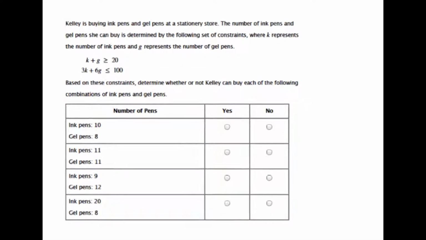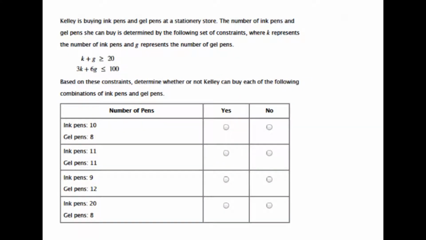Alright. When I did this one, it says based on these constraints, determine whether or not she can buy each of the following. I just plugged them in. K represents ink pens and G represents gel. So when I buy these 10, this very first one, it's saying that 10 plus 8 has to be greater than or equal to 20.